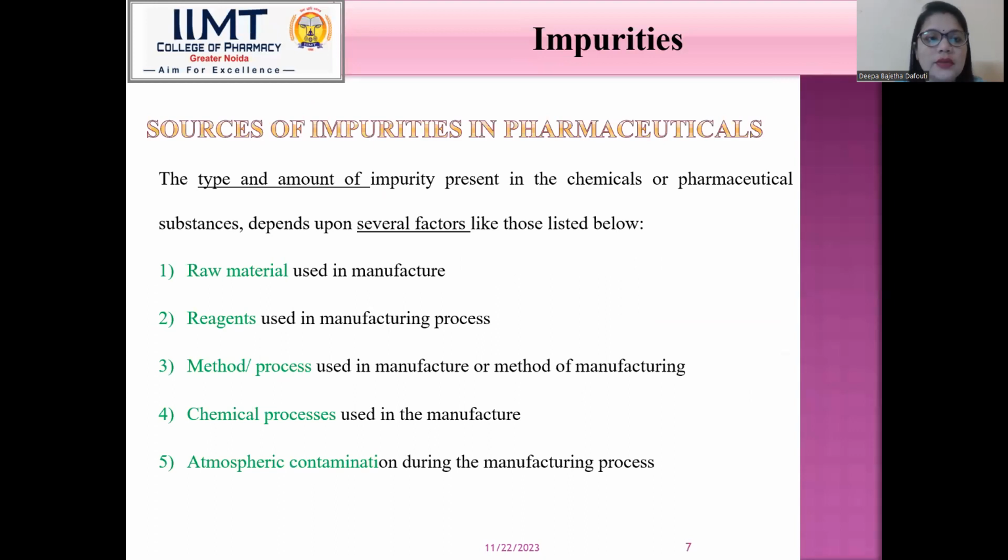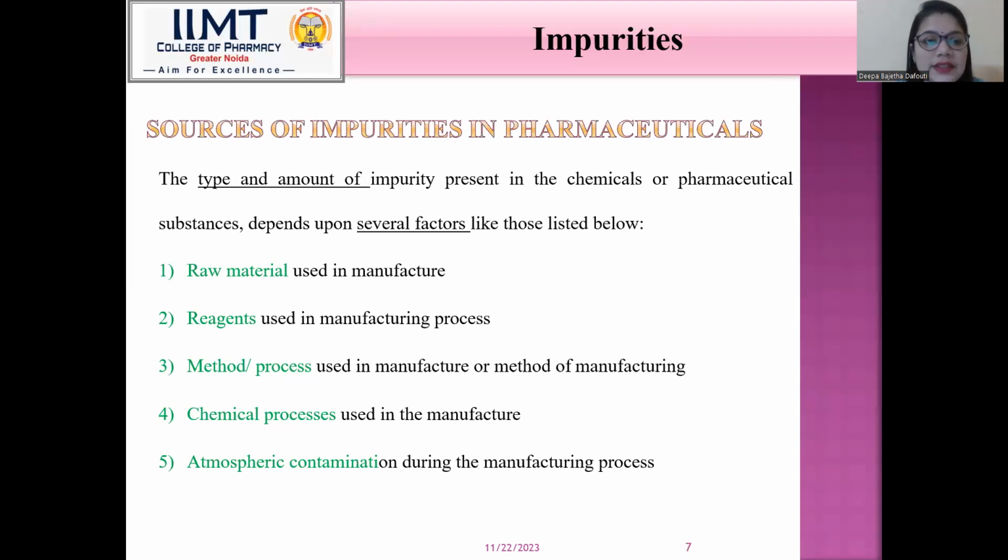So what are the main sources of impurities in pharmaceutical substances? The type and amount of impurity present in chemicals or pharmaceutical substances depends upon several factors, listed below. These are the sources of impurities in pharmaceuticals. First is raw material, the raw materials which are used for the manufacturing of any pharmaceutical product.